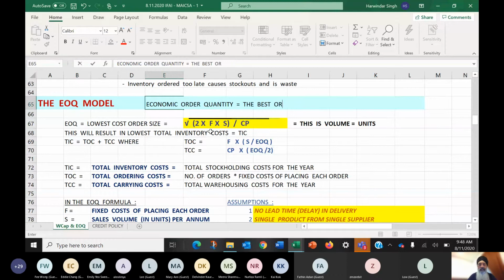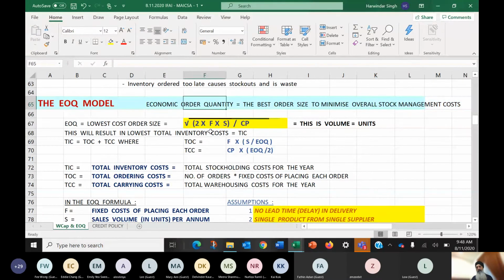Each time we order something, how much quantity? The best order size to minimize overall stock management costs. That's what it is. No more, no less. Economic order quantity.